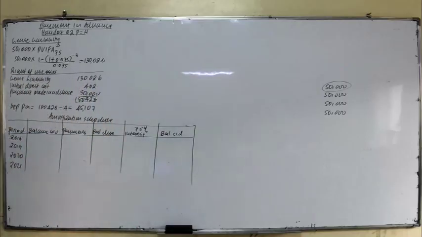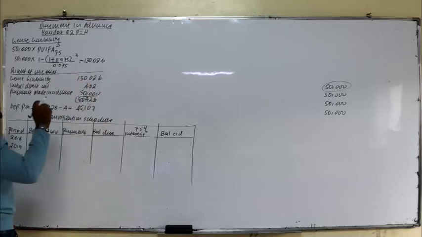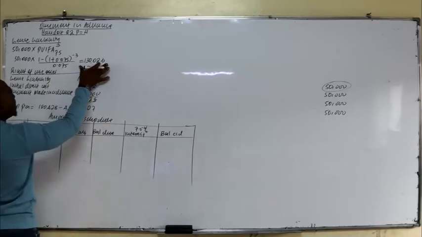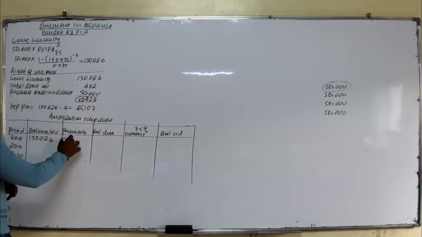So how much is the balance brought down? Yeah, it's an amount of 130. Correct. We are amortizing the liability, not the asset. So you take the lease liability, which is an amount of 130,026. Payment, how much are you paying? 0.